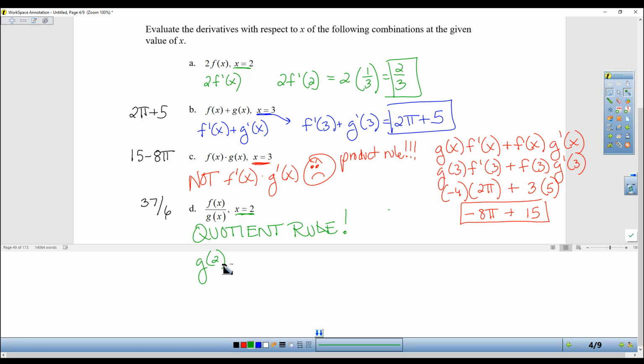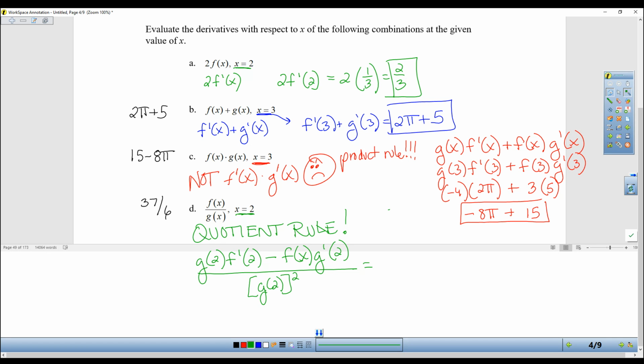The bottom times the derivative of the top minus the top times the derivative of the bottom all over the bottom squared. Notice I switched to brackets. I think it makes it a little easier to make sure you have all of them accounted for. So g of 2 has its own parentheses, and then there's brackets for the square.